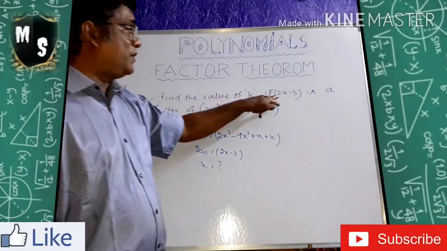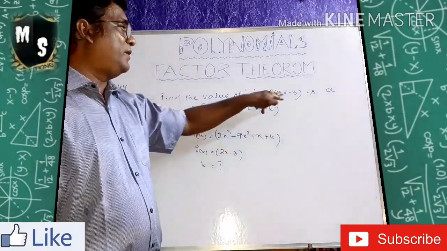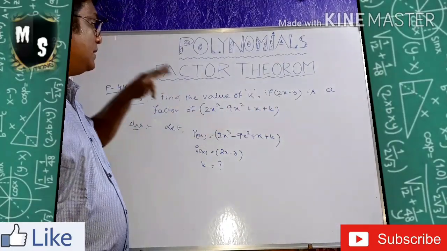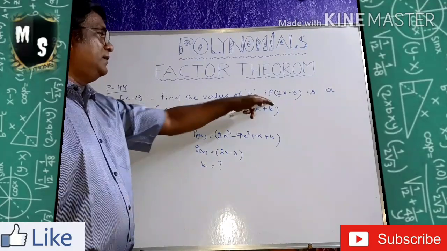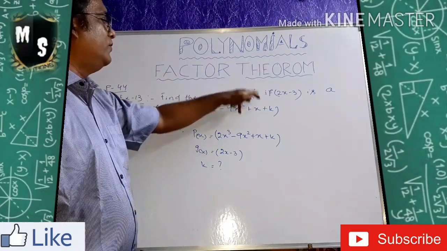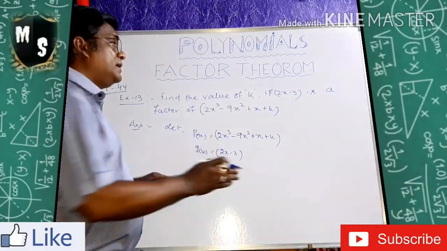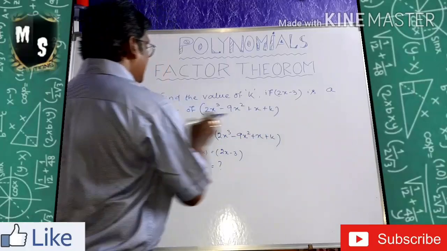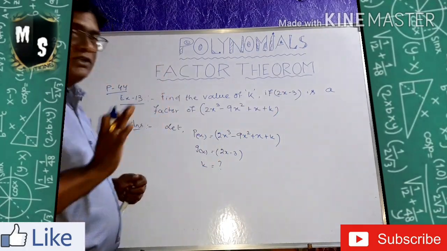That means he is saying 2x minus 3 divides this completely. If it is completely divisible, we have to examine what should be the value of k. We have to find the value of k. But what is given? 2x minus 3 is a factor of this one. Understood now?